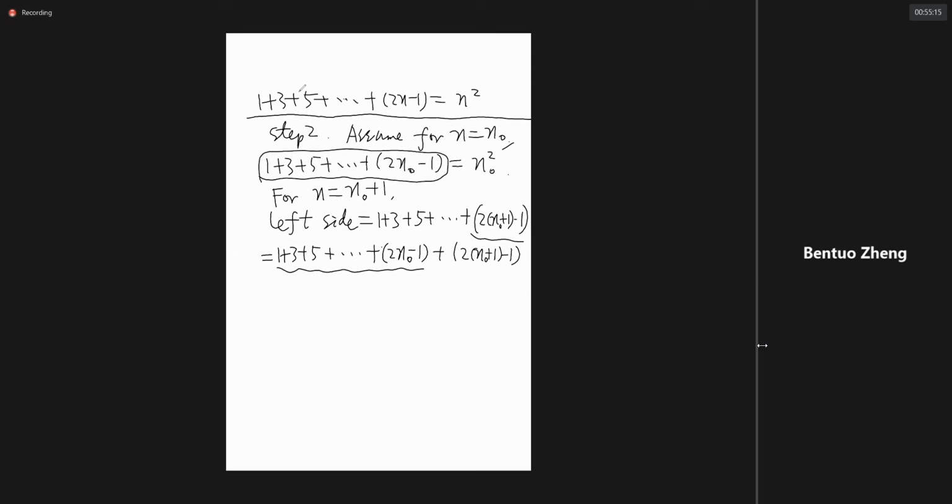Okay, so at this stage, we are going to use our assumption here. You see, 1 plus 3 plus 5 plus up to 2n0 minus 1. But by our hypothesis, this is equal to n0 squared. So this is equal to n0 squared plus 2 times n0 plus 1 minus 1.